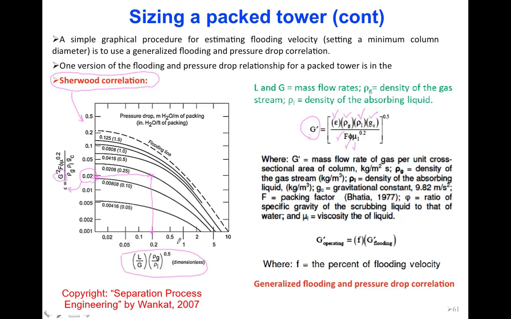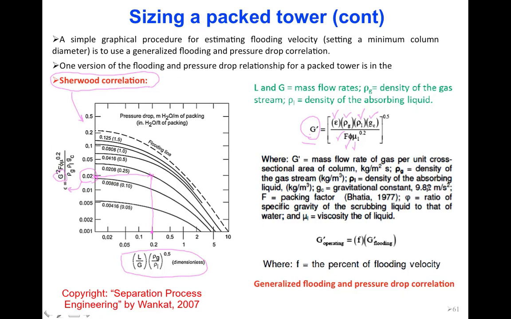As I said, you have your pressure drop, you go up until you reach this curve, and then you go horizontally and read your epsilon. Once you have epsilon, you use this equation, plug in all the information, and find your G prime.